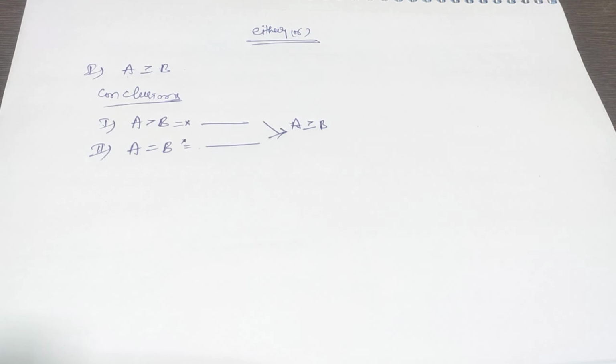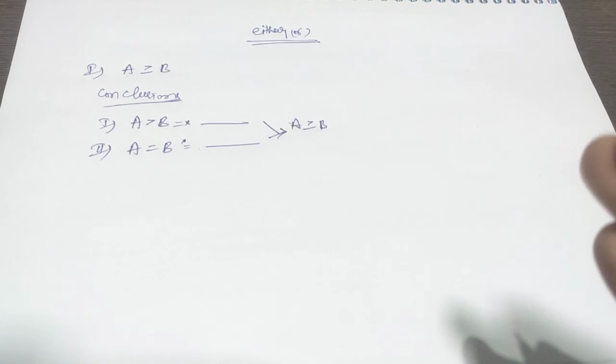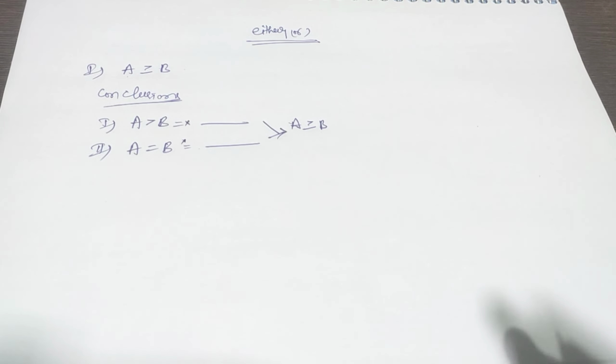For this particular type of question, we have to go with "conclusion 1 or 2 follows". It's totally based on the conclusions. If we see any complementary pair like this, then we will definitely go with "either 1 or 2 follows". If the complementary pair satisfies the statement, then we have to go with either 1 or 2 follows.